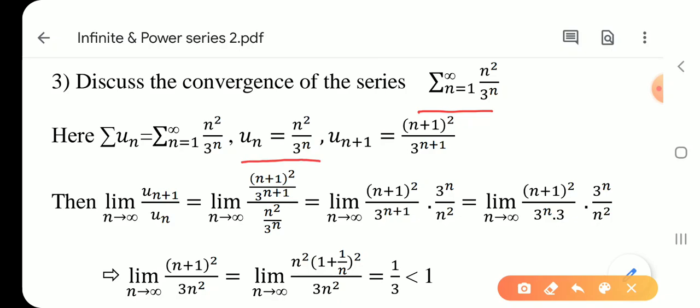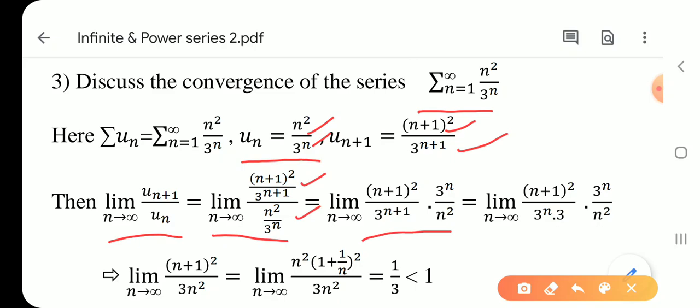Un plus 1 is equal to, in the place of n I will put n plus 1, here also in the place of n I will put n plus 1. Now limit of n tends to infinity un plus 1 by un is equal to limit of n tends to infinity n plus 1 square by 3 to the power n plus 1 divided by n square by 3 to the power n. Let us take the reciprocal and rewrite it.